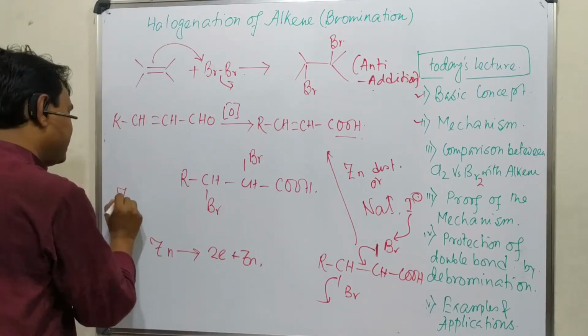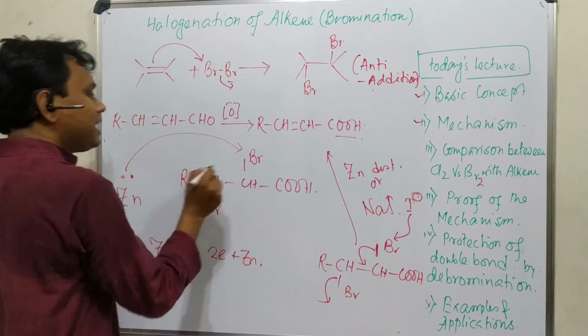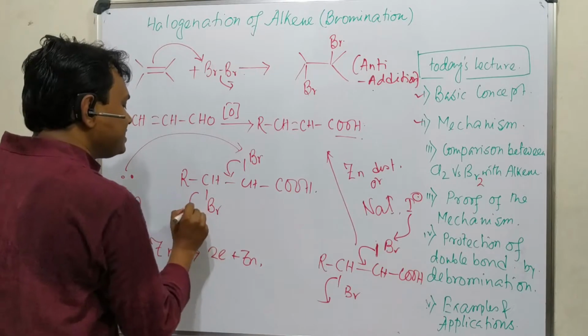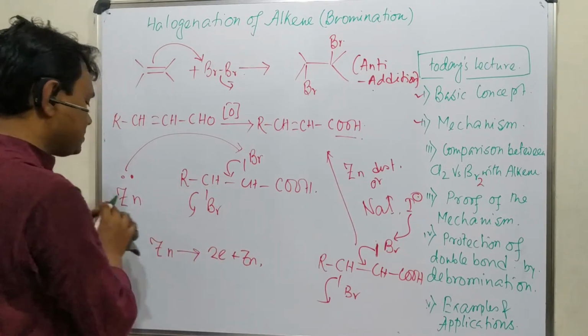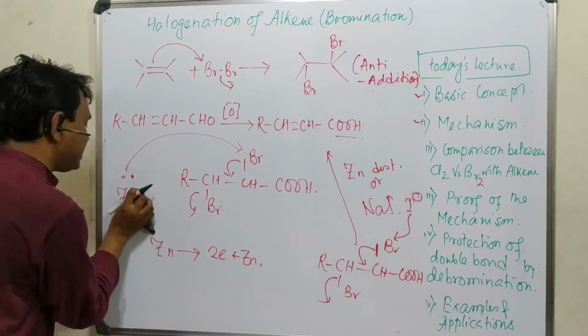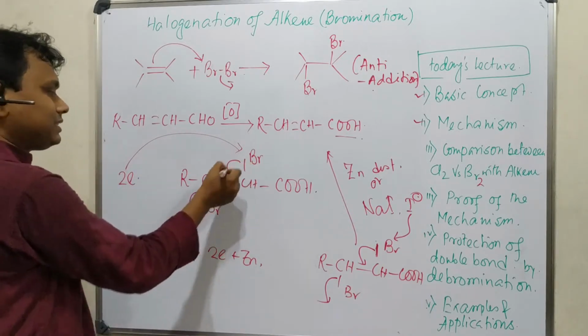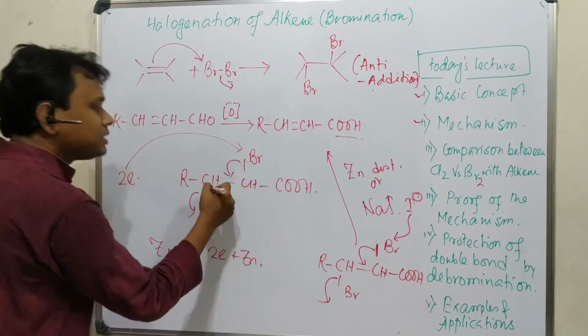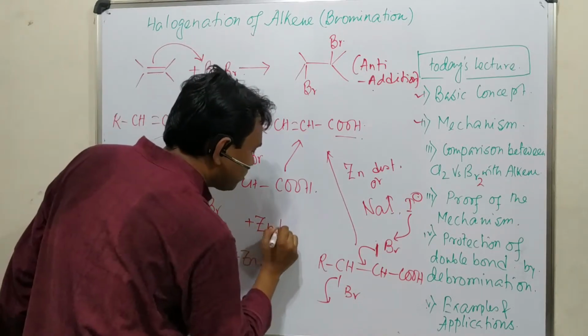You may write the reaction in this way, that the zinc lone pair is attacking, this is coming and this is eliminating. But I believe it is more logical to write that 2 electrons are actually attacking. 2 electrons are attacking this, and what is produced? This final product as well as zinc bromide.